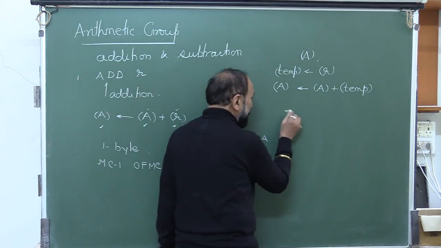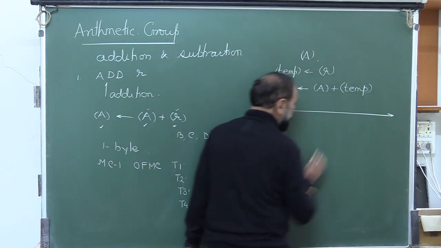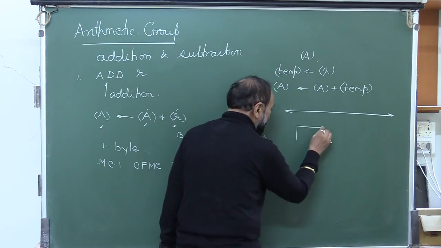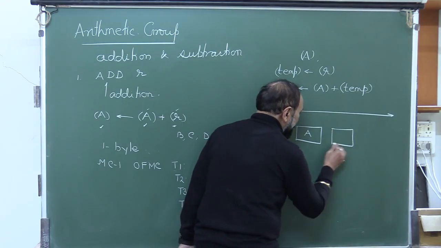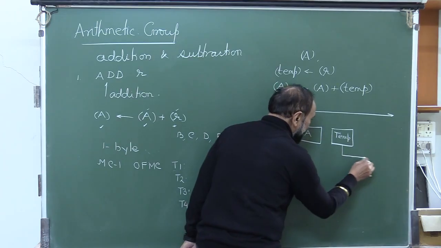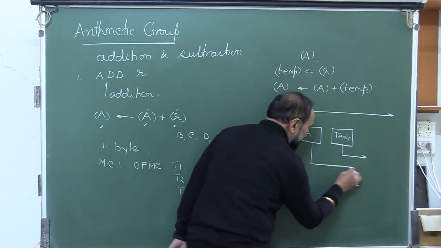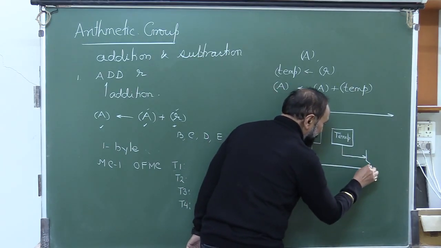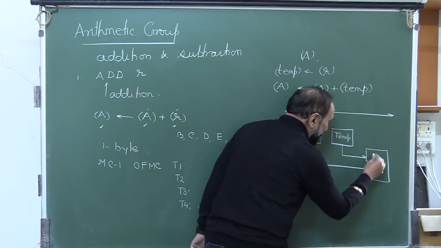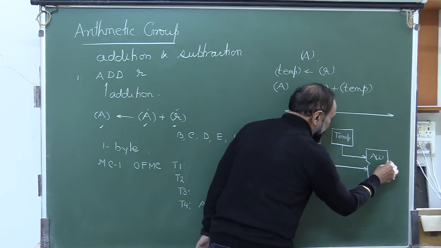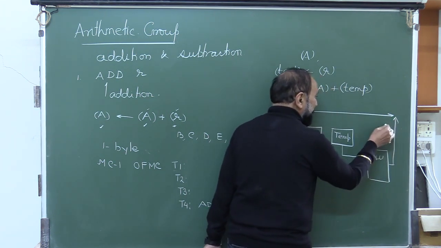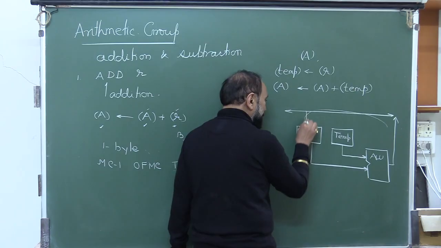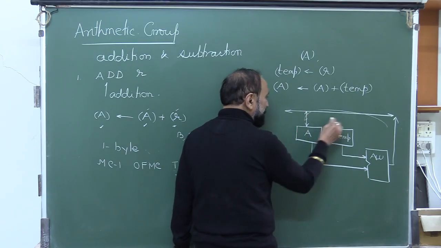Just recall this diagram. You have the bidirectional data bus, the accumulator, and the temporary register. They provide the two operands to the ALU, where the arithmetic and logical operation takes place, and then through this internal data bus the result is stored back into the accumulator.